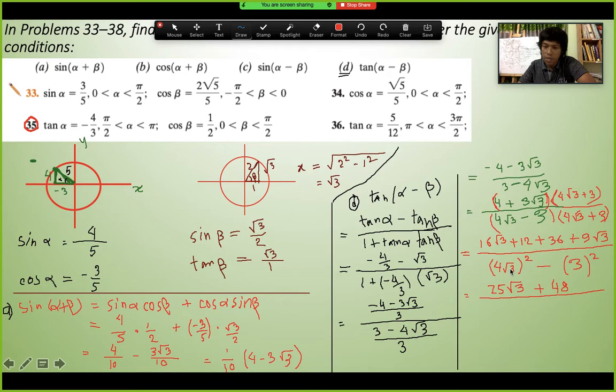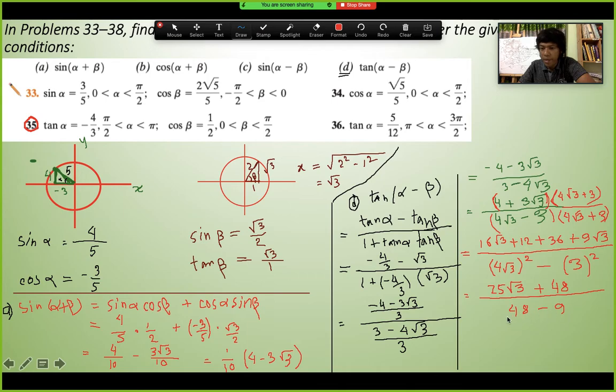And downside, in the denominator here we have 4 root 3 whole squared minus 3 square. So you see, 4 square means 16. Then root 3 whole square means just 3, because root and square cancel out. So that means 16 into 3, which means 48. Minus 3 square means 9.